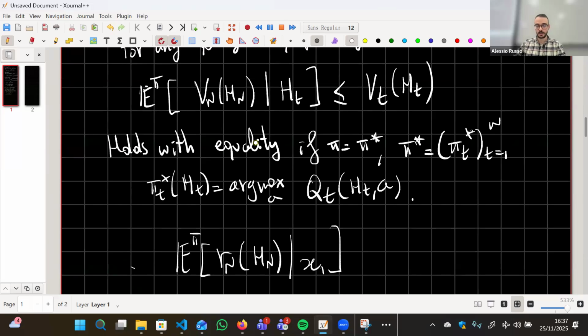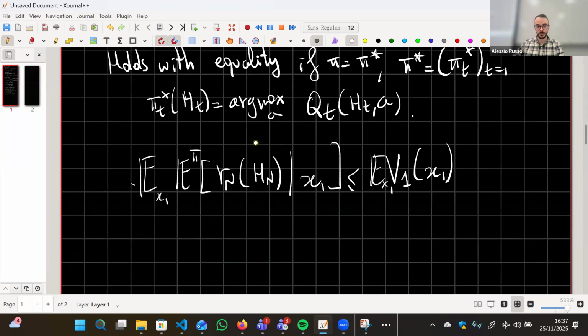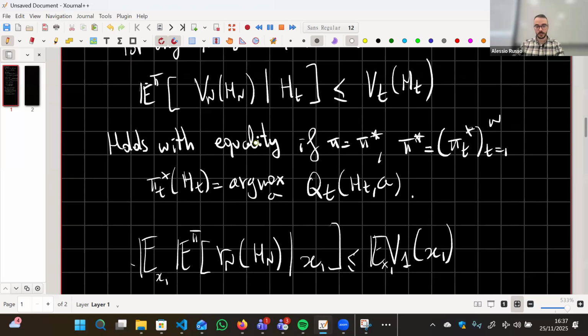because of this lemma, we know that this is upper bounded by v1 of x1. Now, if we integrate with respect to x1, the first observation, the inequality still holds, right? But we also know that this inequality holds for all time steps, and it holds with equality if we use pi star.